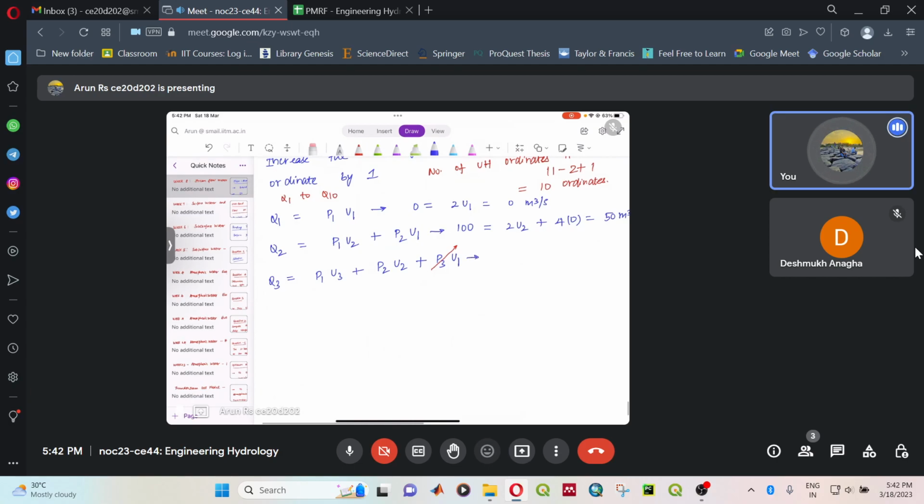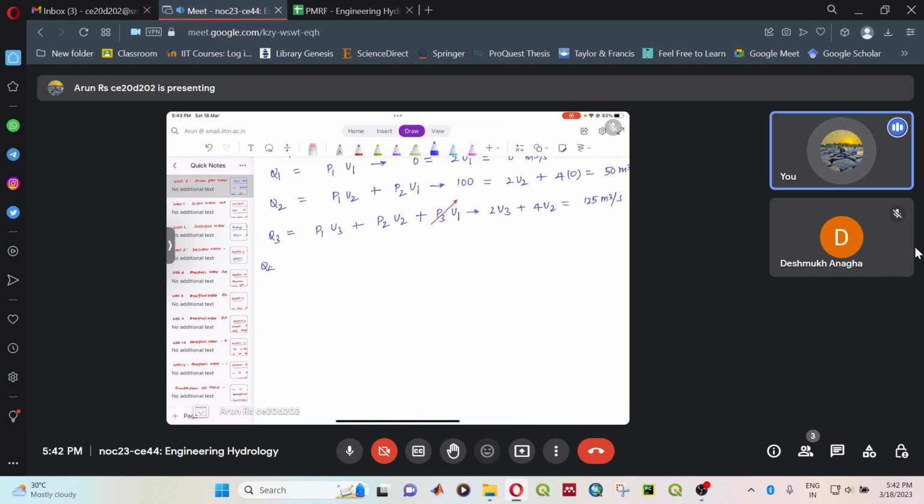So similarly for Q3, we have 2 times U3 plus 4 times U2. So we'll be making successive substitutions from the previous step. So U3 will be equal to 125 meter cube per second.